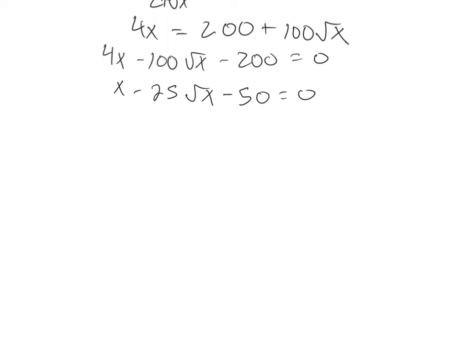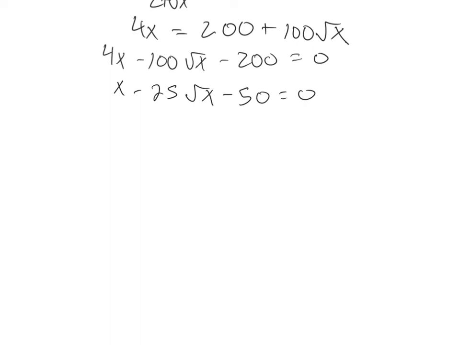So what I'm going to have to do is, since this doesn't factor well and it is a quadratic, I need to put it into the quadratic formula. However, the quadratic formula only works with the quadratic form. So I'm going to move my x's by themselves, and I'm going to square everything to get my quadratic form.